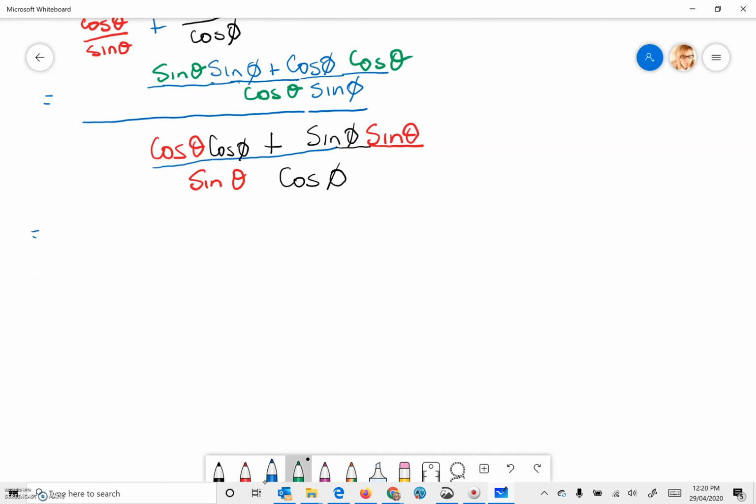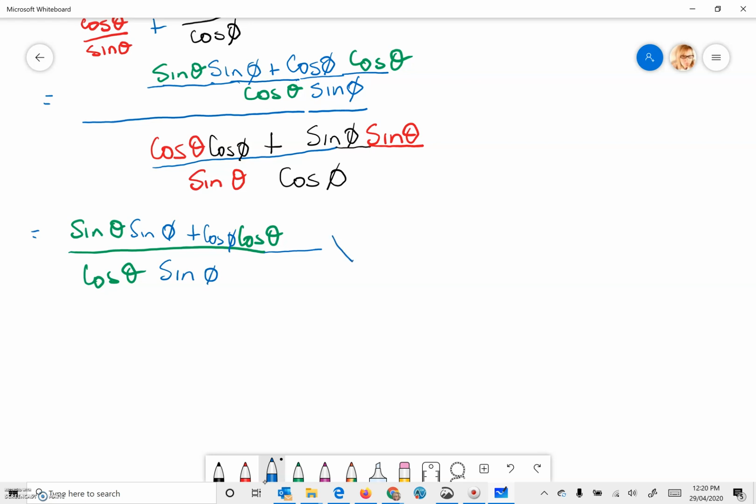Equals. Now you've got sine theta over cos theta. You've got a cos theta. You've got a sine. Just writing these out takes enough time, doesn't it? Okay, and on the bottom was a sine.